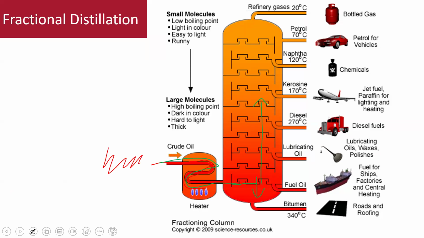Okay, so at 270 degrees C, the fraction here becomes a liquid, which is then diesel. If it still isn't a liquid, it keeps on going up until it gets to kerosene, 170. And it keeps on working its way up until petrol, 70 degrees C.